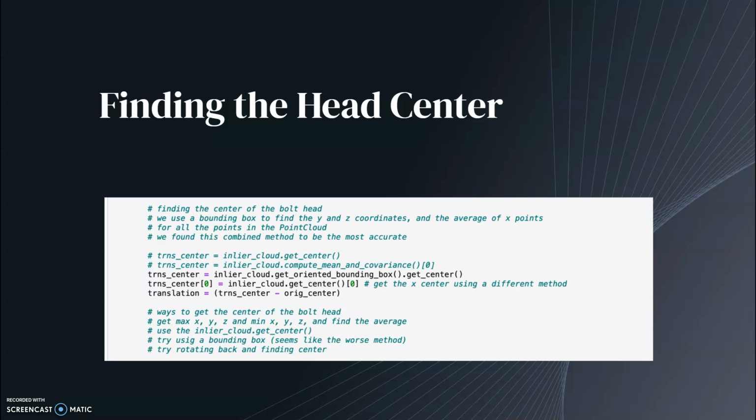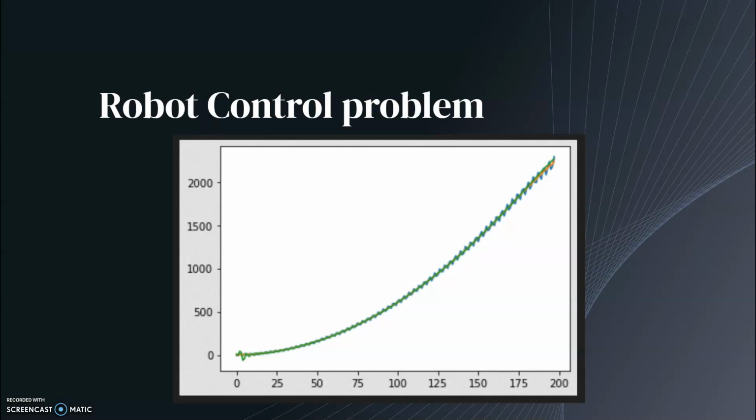So instead, we found the average of the min and max x, y, and z coordinates and tried to use that, since the circular nature of the bolt meant this average corresponds to the center of the bolt's head. And then we compared it to the center of a bounding box that bounded all the points within the plane, just to see which one gave more accurate results.